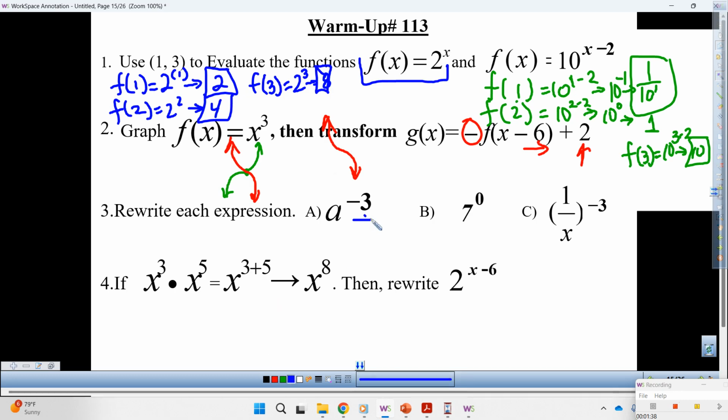Number 3, this is 1 over a cubed. This is 1. And this is distribute. That is 1 to the negative 3 over x to the negative 3, which becomes x to the third over 1 to the third, which is x to the third.